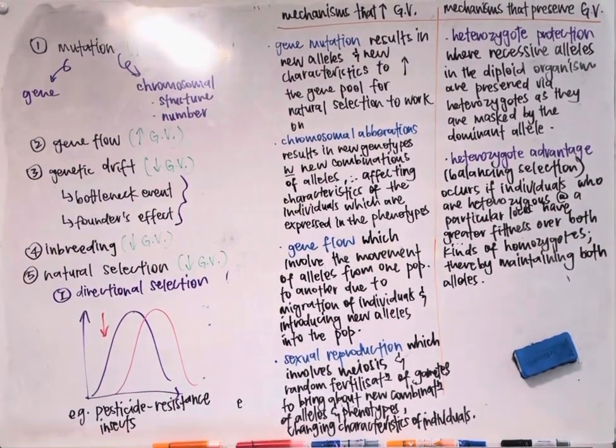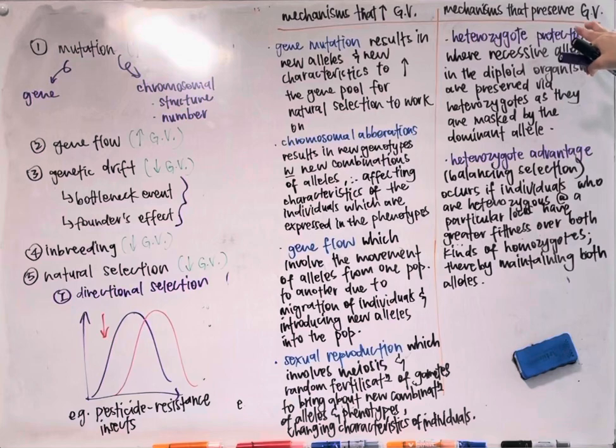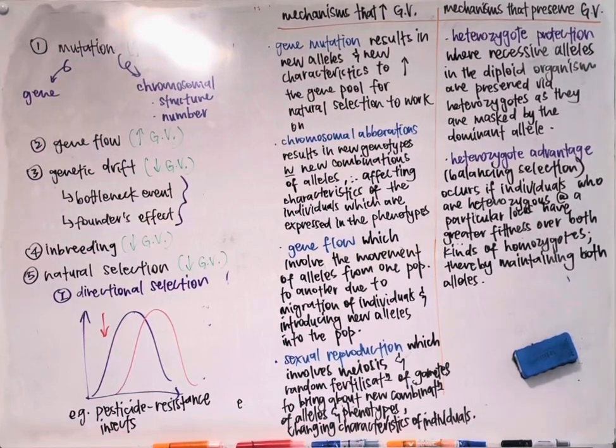Let me explain. This is very different from heterozygote protection. Heterozygote advantage is that usually individuals who are heterozygous have better fitness. When I say better fitness, in evolution terms, it always means higher reproductive success. So this is what better fitness means.